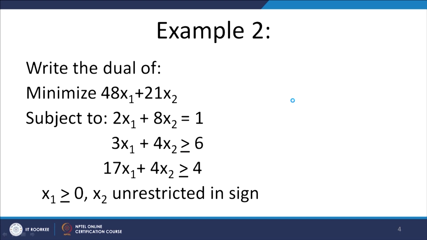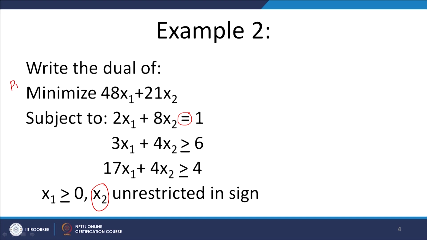Let us look at the second example. The characteristic of this example is that we have an equality sign in the first constraint and the second variable in the primal is unrestricted in sign. Therefore, how do we write the dual for this?